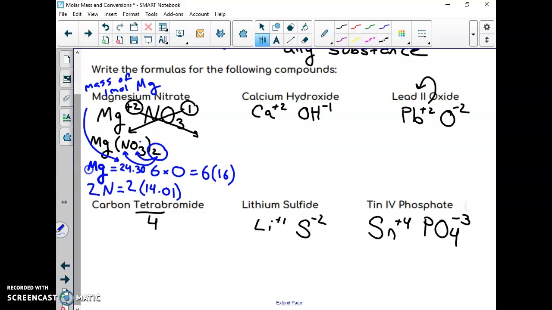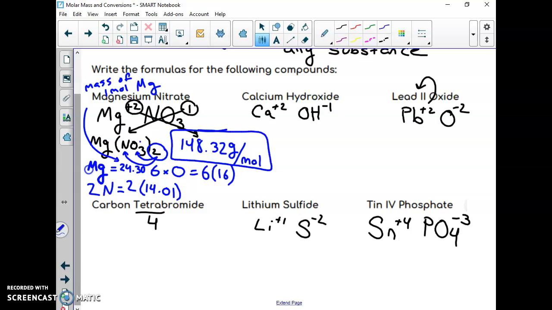We have 24.3 plus the product 2 times 14.01, for the nitrogens, and then plus 6 times 16. We end up with all of these added together, 148.32 grams. And since this is a molar mass, it'll be per 1 mole.